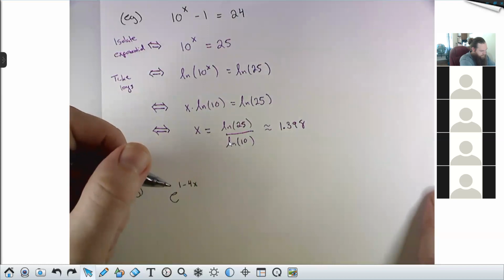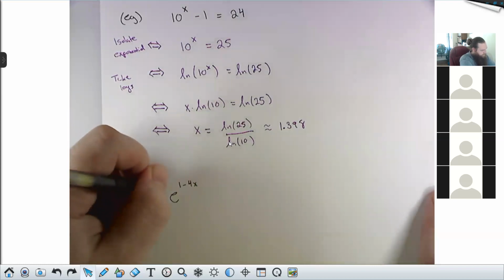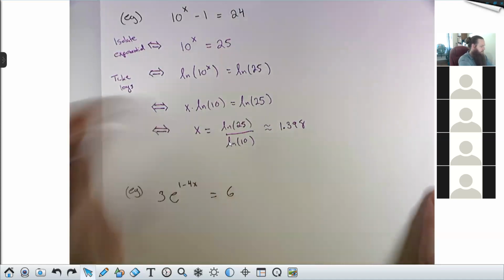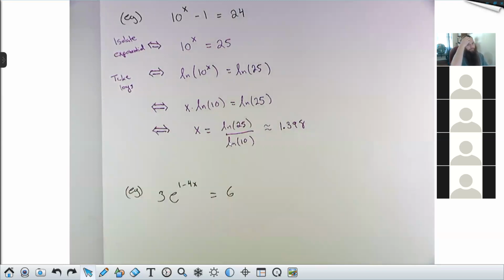Let's say 3 of these are equal to 6. First step, isolate the exponential. The 3 is not a part of the exponential. This is the exponential term.